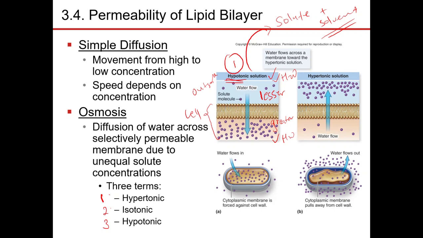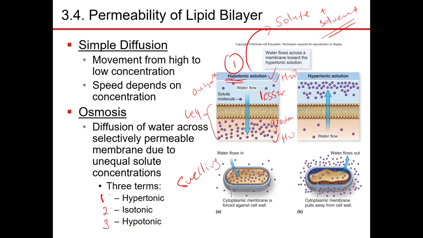So water would go from outside into the cell. Water flows into the cell. So when water flows into the cell, it gets larger and larger, and it starts swelling up.